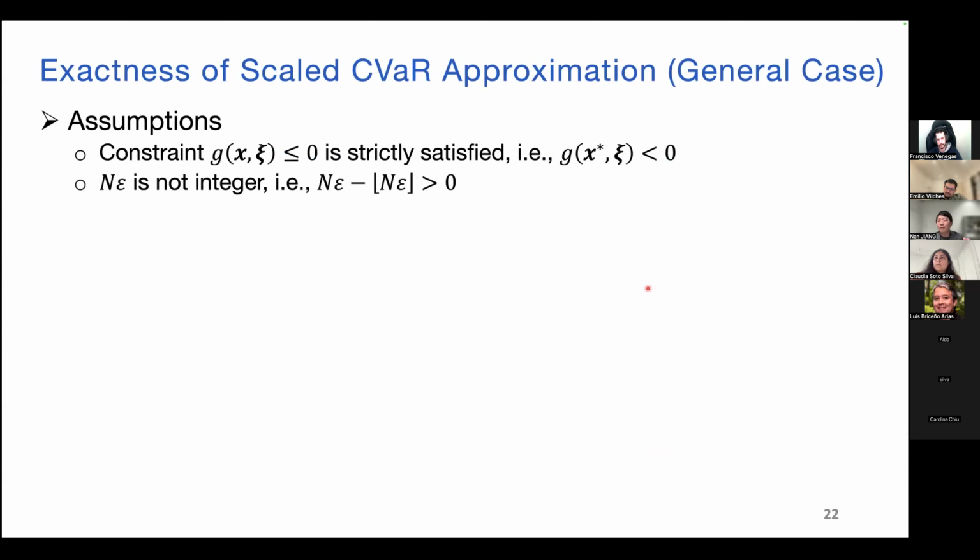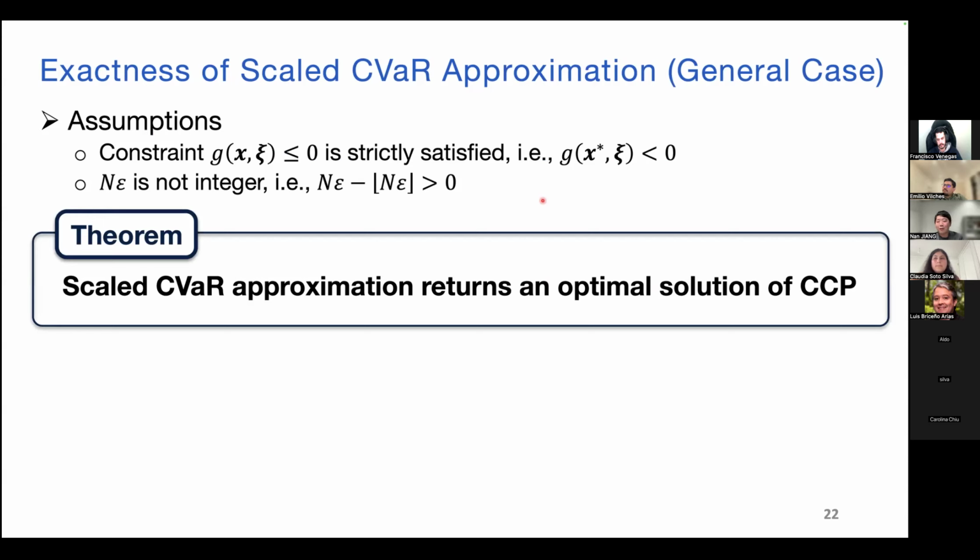Based on these two conditions, the scaled CVaR approximation will return an optimal solution of the chance constraint program. Later, maybe in the last slide, we are going to discuss these two conditions. But right now, these are the only two conditions we need, and these two conditions are actually tight.